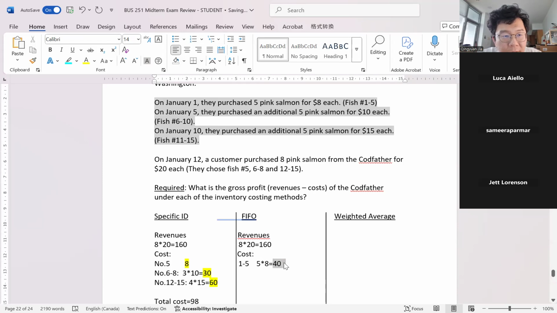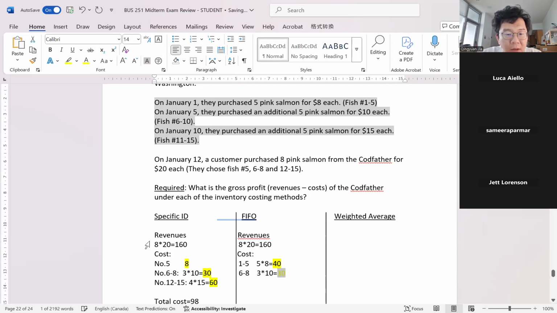And this 40 is the first cost, or the COGS, right? And let's keep doing this. For the 6 to 8, another 3 fishes. So 3 times $10 each for the second batch. And then we have another 30.